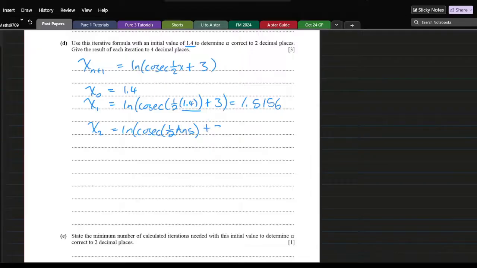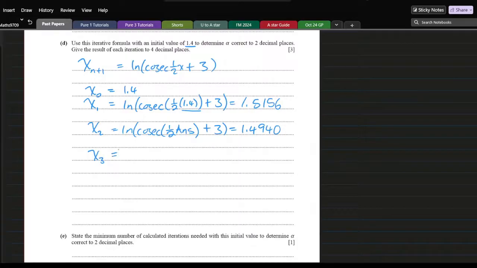This is plus 3 is equal to, so let me do that. I'm replacing the 1.4 with ans, and then once you've done that, simply press equals, and then you get the result of your iteration. That's 1.4940.